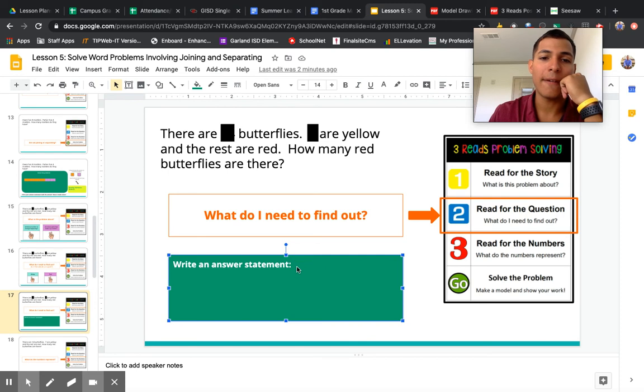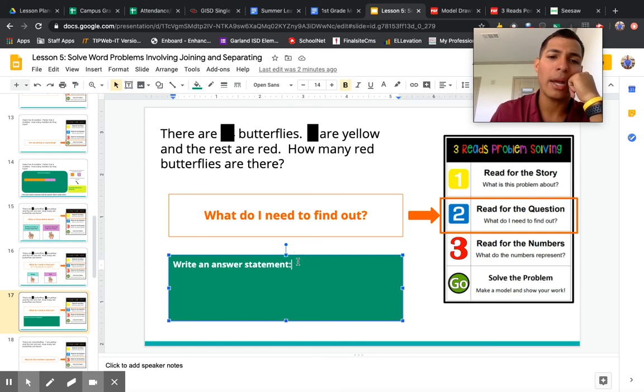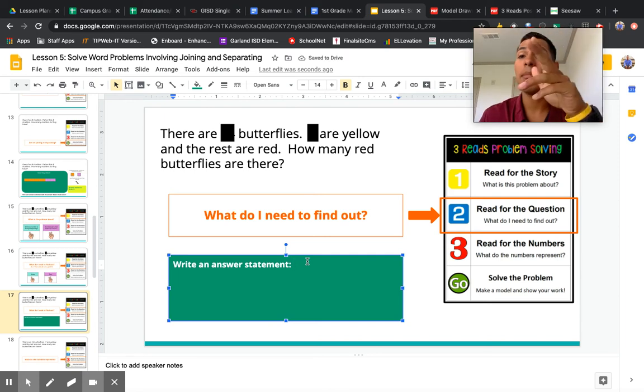What do we need to find out? How many red butterflies there are? So what would our answer statement or our solution statement sound like? I want you guys to turn to a partner, or a parent, a friend, whoever's with you, and say how your solution statement would sound. If not, just say it to yourself.